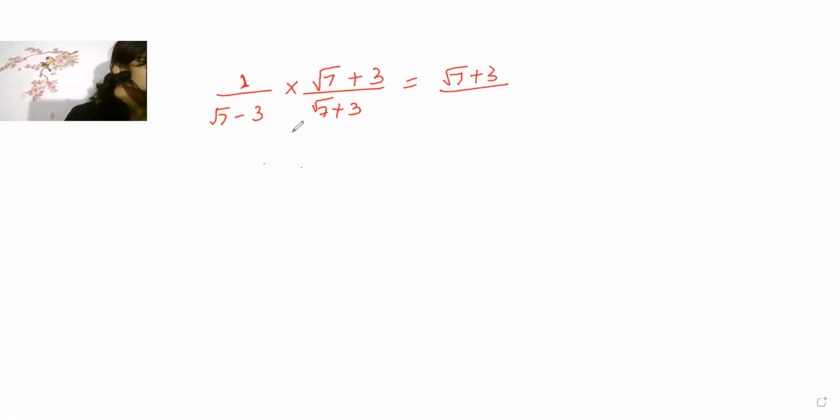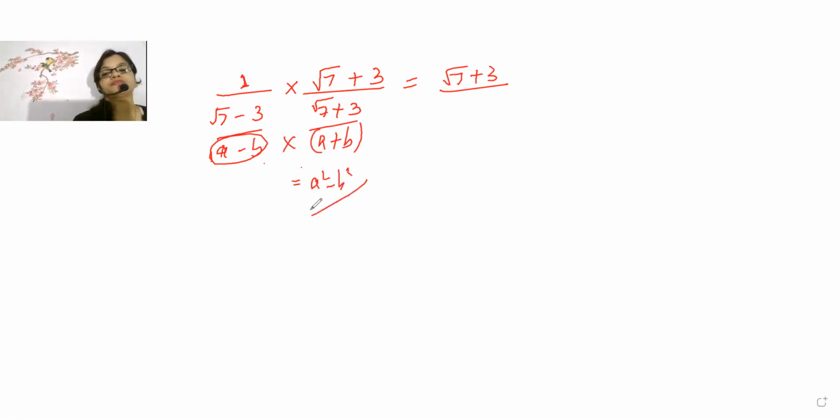Now the denominator: a minus b into a plus b. This is coming in the format a minus b and this is coming in the format a plus b. So a minus b into a plus b formula is a square minus b square. So here root 7 minus 3 is there and root 7 plus 3 is there. So it will become root 7 square minus 3 square.